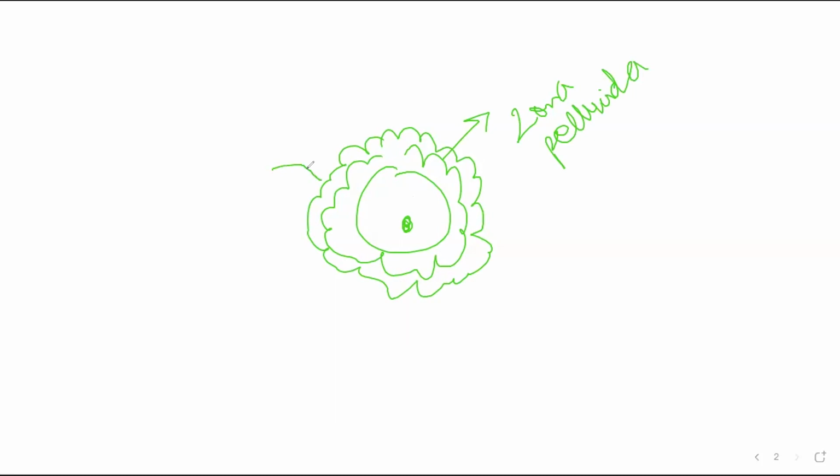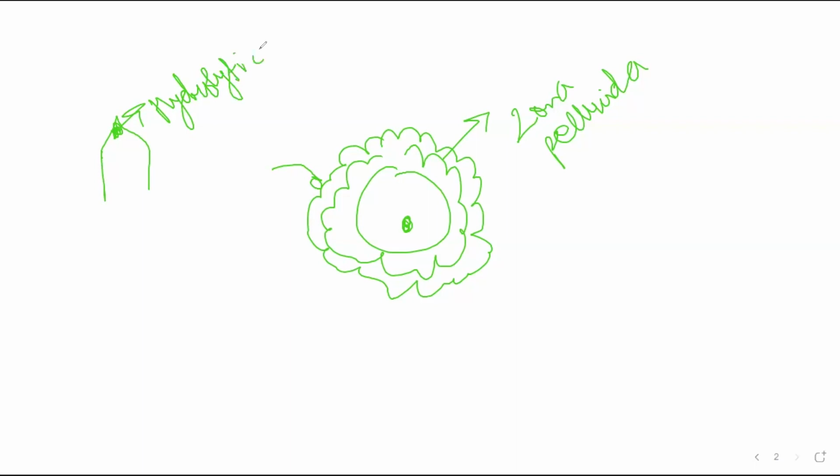So if a sperm reaches this region, so this is one sperm that has reached this region, and if you remember the structure of the sperm, on top of the head region there is a structure which has hydrolytic enzymes present. Hydrolytic enzymes are ones which break down the cell membrane.